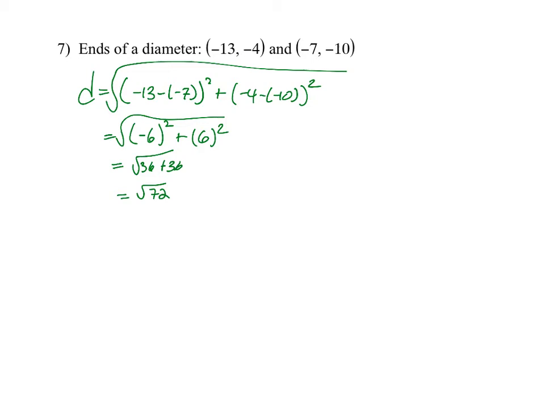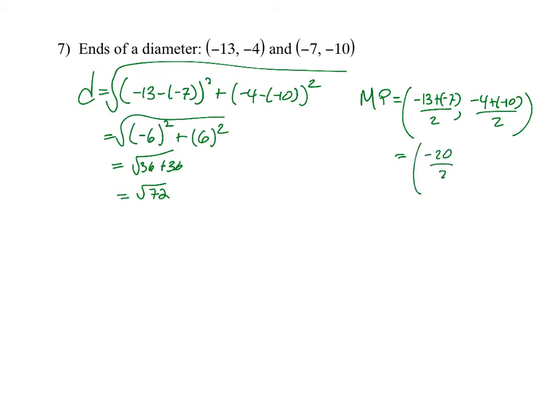Now, I'm going to find also the midpoint so I can find the center of the circle. So the midpoint is negative 13 plus negative 7 divided by 2, and negative 4 plus negative 10 divided by 2. So I got negative 20 divided by 2, and negative 14 divided by 2. So this is negative 10 and negative 7.